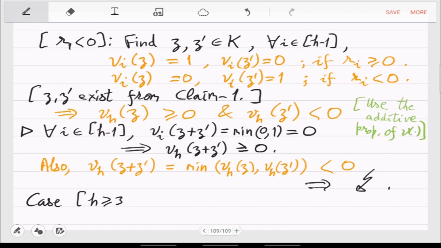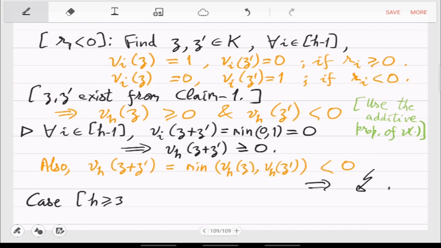Exactly. So then V is 0, Z will not be equal to 0 because V1 of Z is 0 and there will be negative and positive terms both. So when you take VH of Z, only look at the Z values. ViZ is 1 when Ri is non-negative, otherwise it is 0.